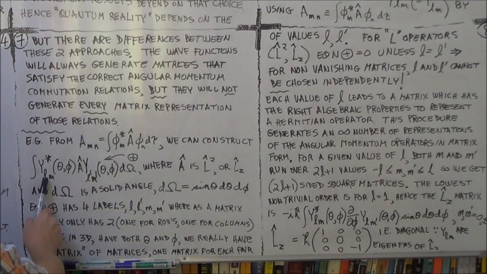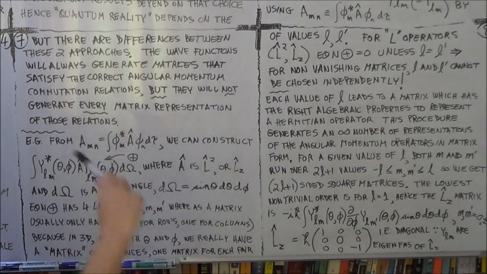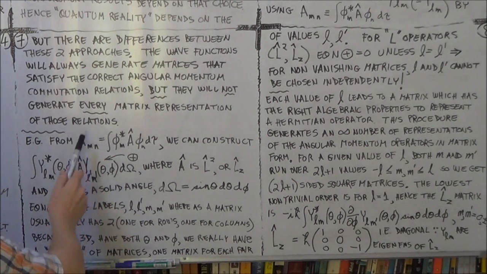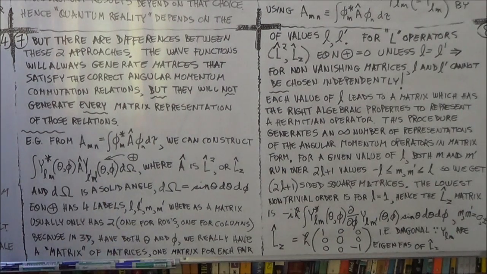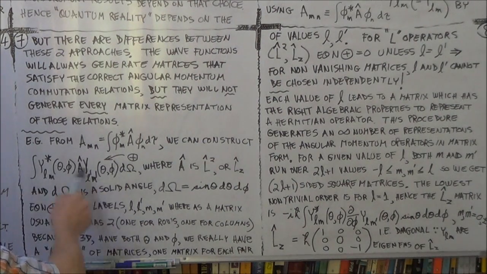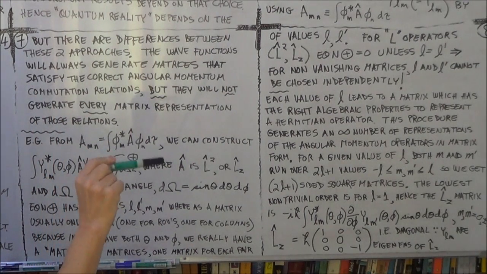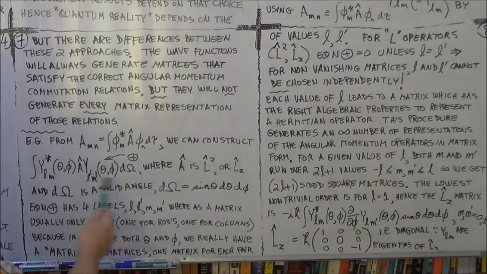You choose an L, that fixes the 2L plus 1, that fixes the size of your matrix. Look on this as a matrix element, and you fix the L, that determines the size of the matrix, where this integral would become just one element of that 2L plus 1 all squared size square matrix.